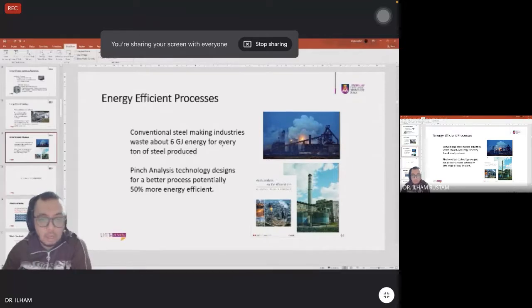Okay, so nothing much, just to show that steel making industries has, as indicated by pinch analysis, because of using energy efficiently, they are able to reduce 50% of their energy consumed by implementing energy efficiency practices.